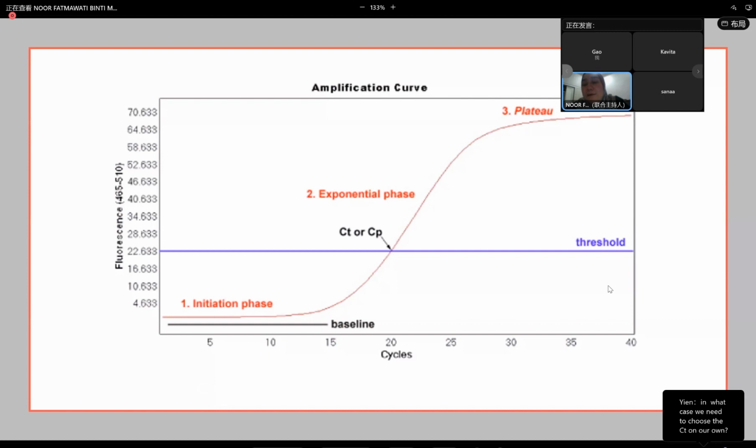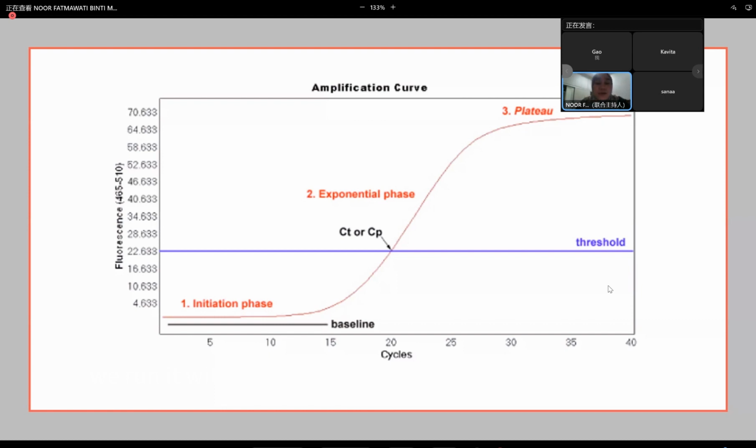point at 19.8. So Yan asks, in what case do we need to choose the CT on our own? In my case, usually, we run our samples together. Sorry, the gene that we run in the amplification real-time PCR, usually we run it with a reference gene, beta-actin, for example.